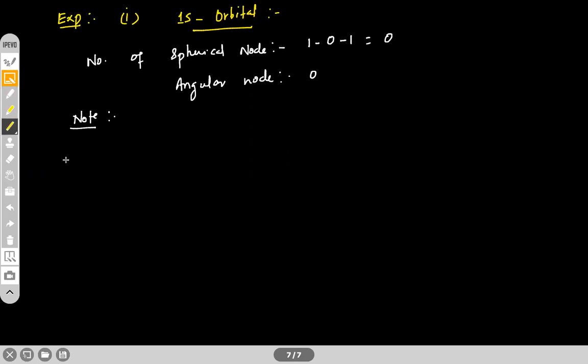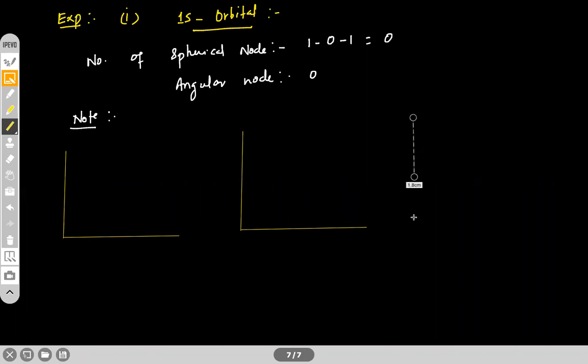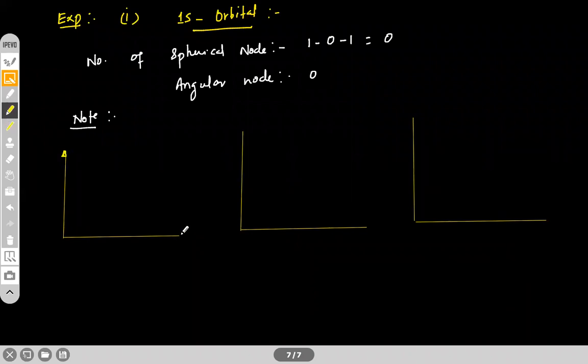Now, there are three graphs we are going to discuss. The first graph is between the wave function psi and the radial distance r.